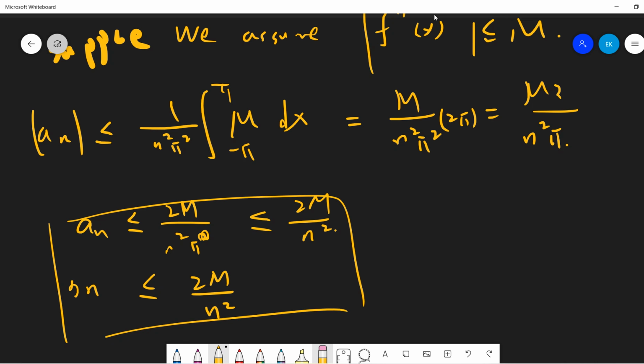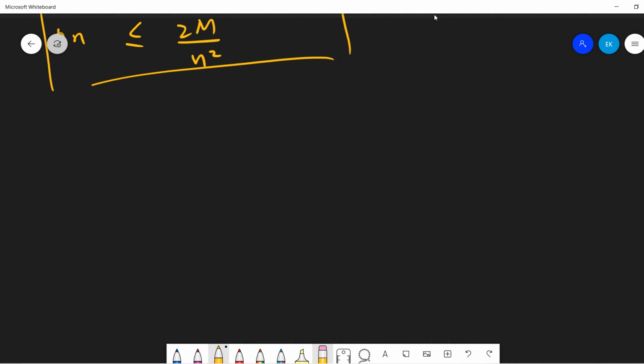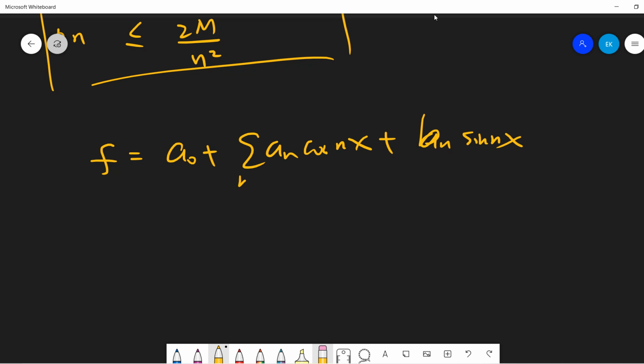So your total Fourier series is basically a naught plus the sum of a n cosine nx plus b n sine nx. This is the so-called Weierstrass M test. For the first one, a naught is bounded, because if I assume f is a continuous or bounded function on the interval, then it must be bounded.